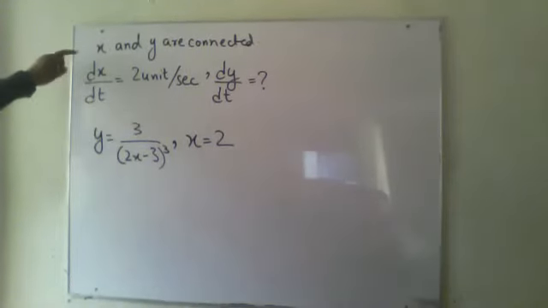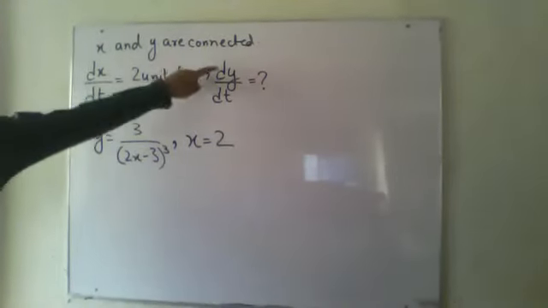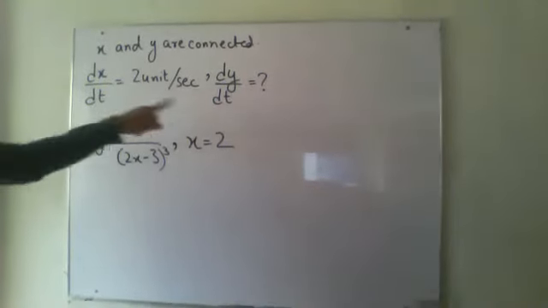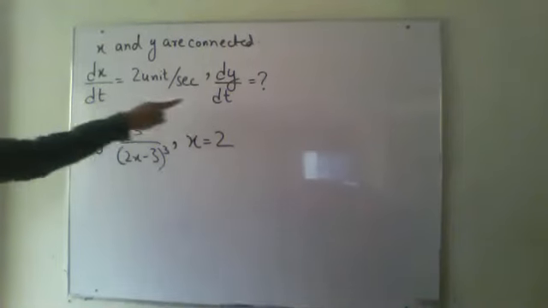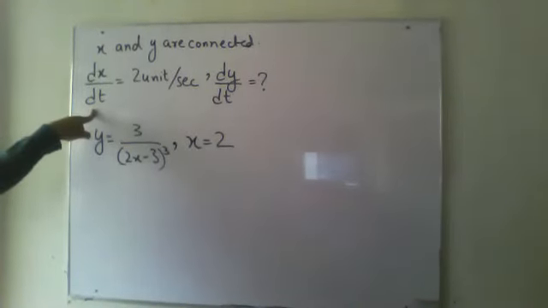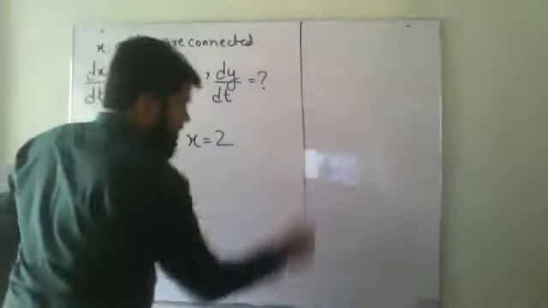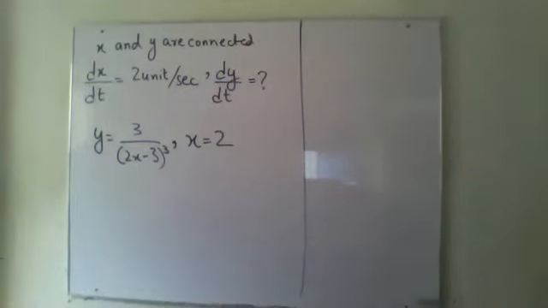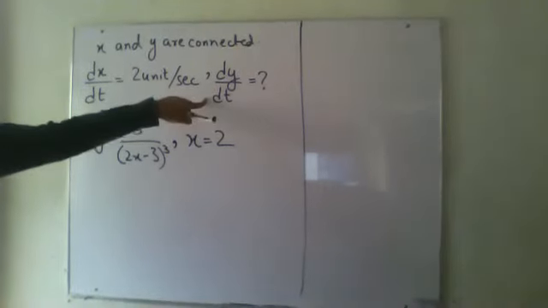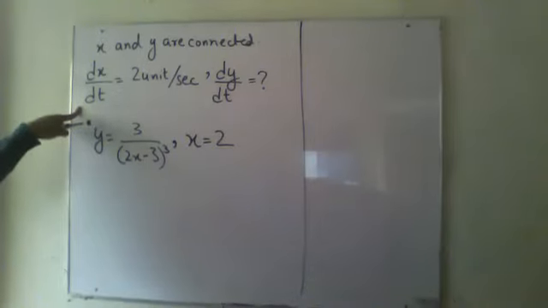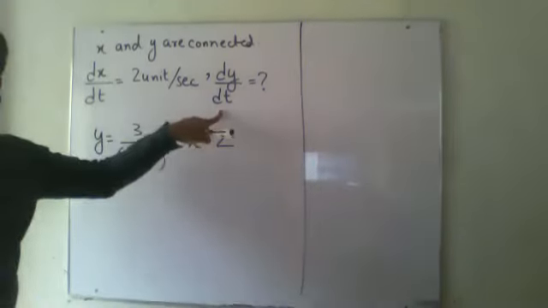Now I can see dx over dt, dy over dt. It means dt is similar in both of them. So what will I do? dy over dt, dx over dt. dt is the same for both.